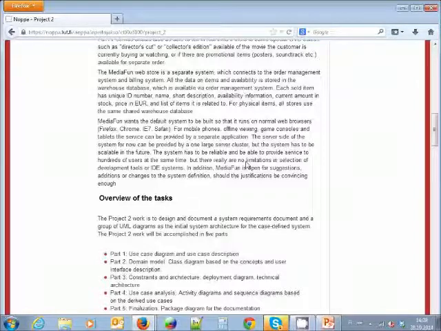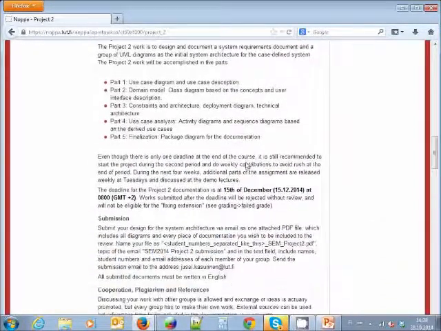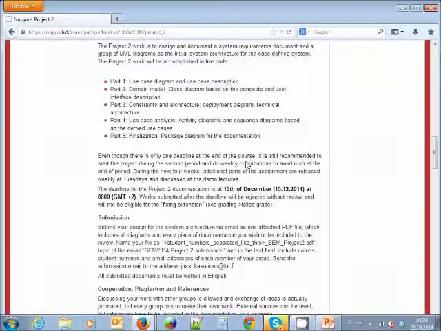But the idea here is that we do this work in 5 parts. Each week, for the rest of the period, excluding the last week, you will be given more instructions on this work. The first part includes use case diagram and use case descriptions. The second part is the class diagram based on the concepts, and also doing some free-form user interface descriptions.